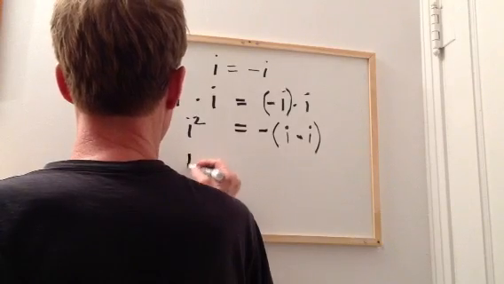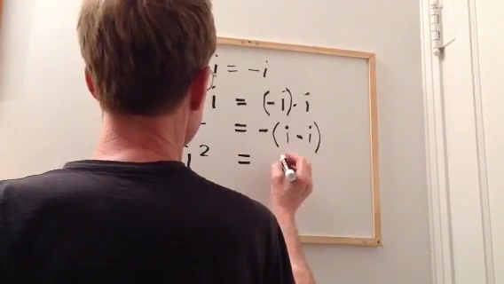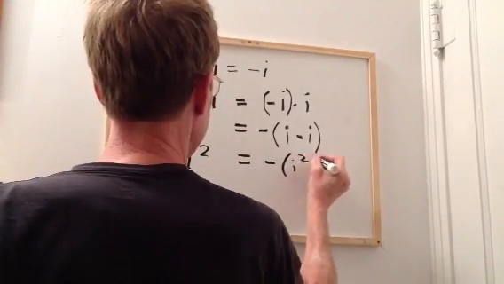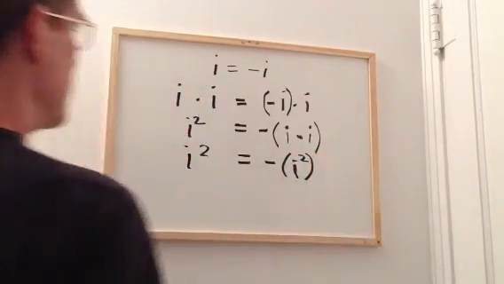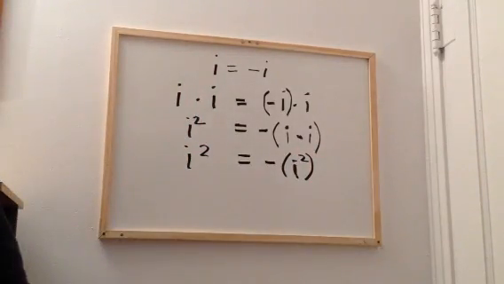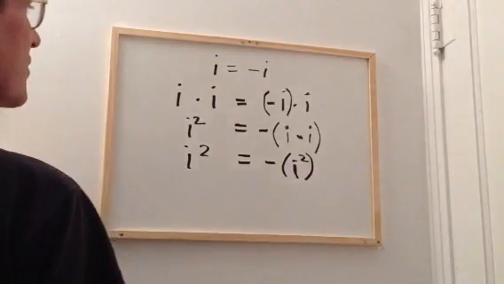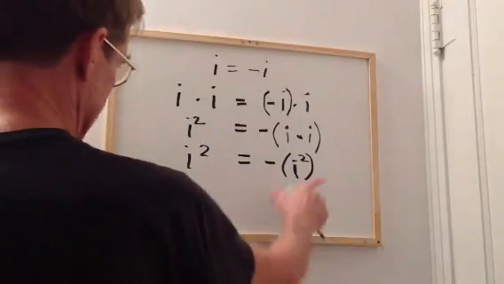So now we have the expression i squared equals minus (i squared). I put the parentheses there just so that we don't confuse ourselves, so that we know that we're taking the negative of i squared, not the square of negative i.